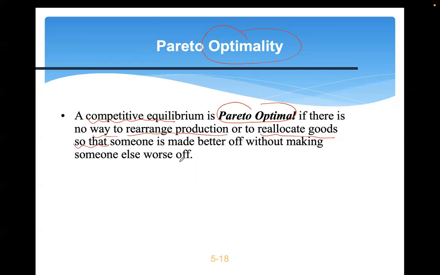Meaning you can improve someone without somebody else having to sacrifice. If that's the case, that's Pareto optimal.